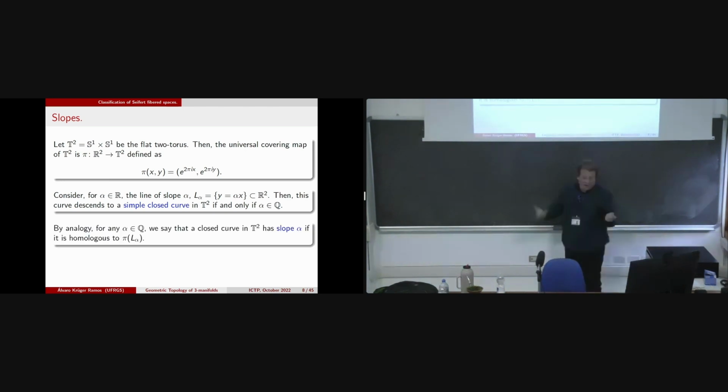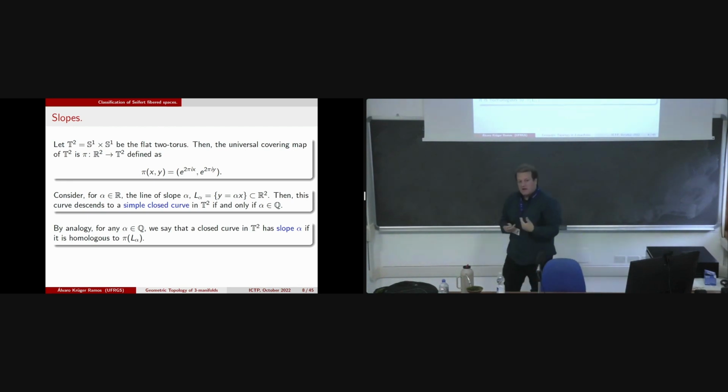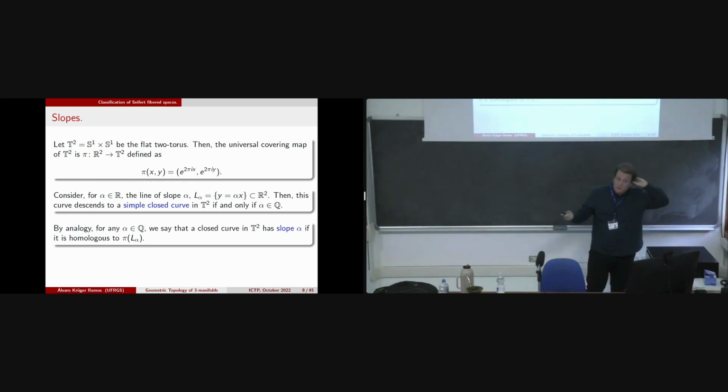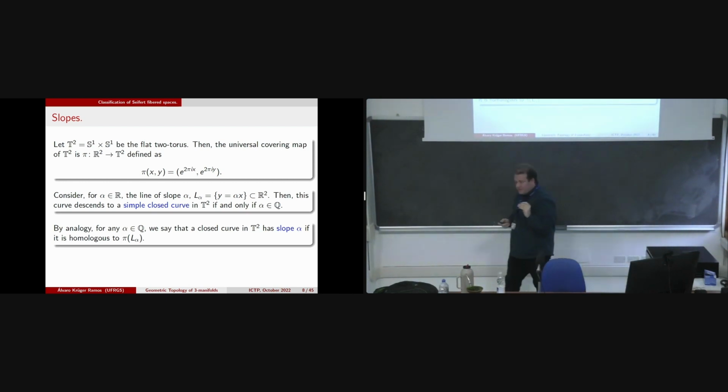And then by analogy, we say that a curve in the torus has slope alpha, a rational number, if this curve is homologous or homotopic or isotopic, in the torus, the same thing, to this projected curve from R2. So this is the notion of slopes in the flat torus. And that's important because here we have a metric, and I am defining something in something that is not quite abstract.